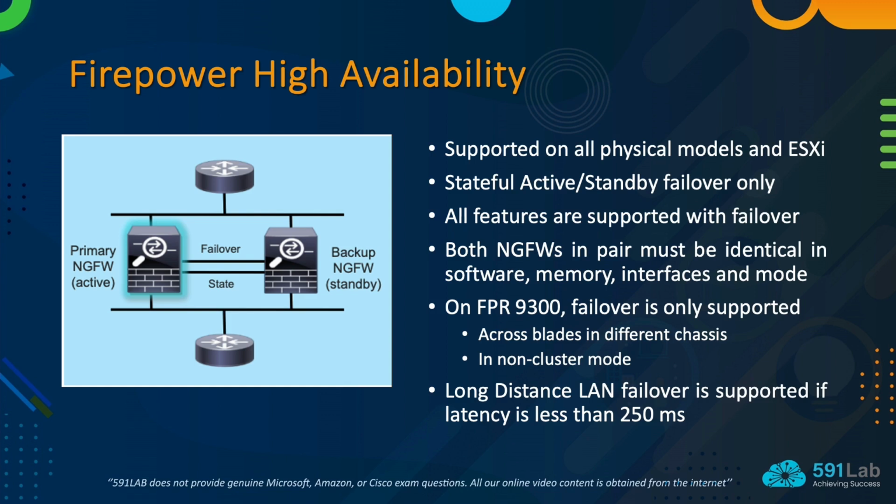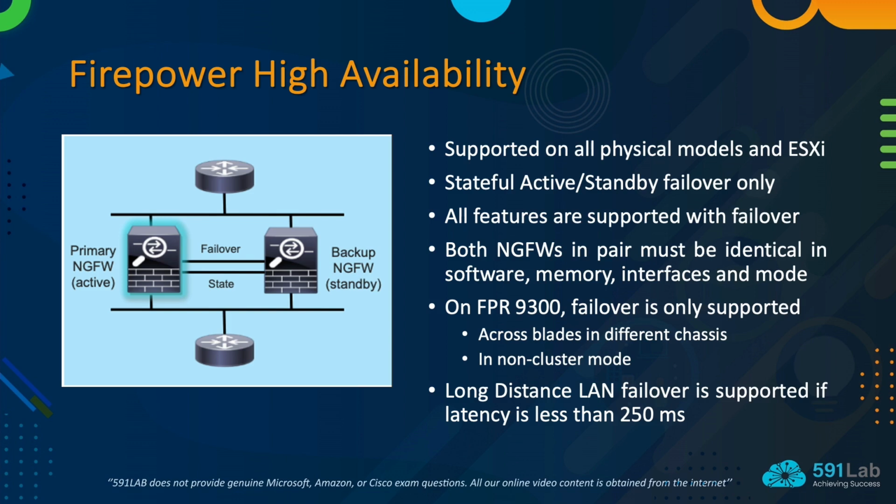Active standby in different chassis, which is Firepower 9300 only. An exception applies to Firepower 9300 models. For these models, high availability allows the active and the standby units to reside in different chassis, but not within the same blade. Long distance failover.